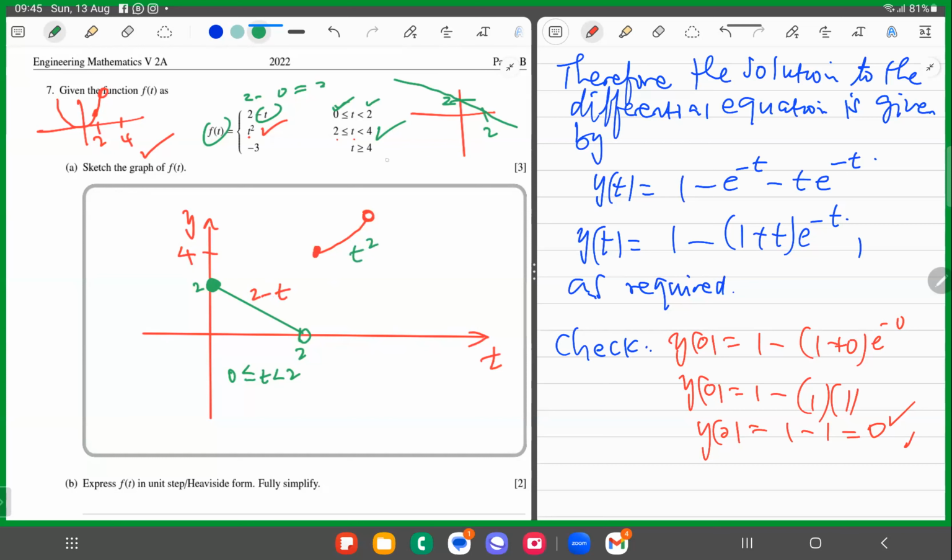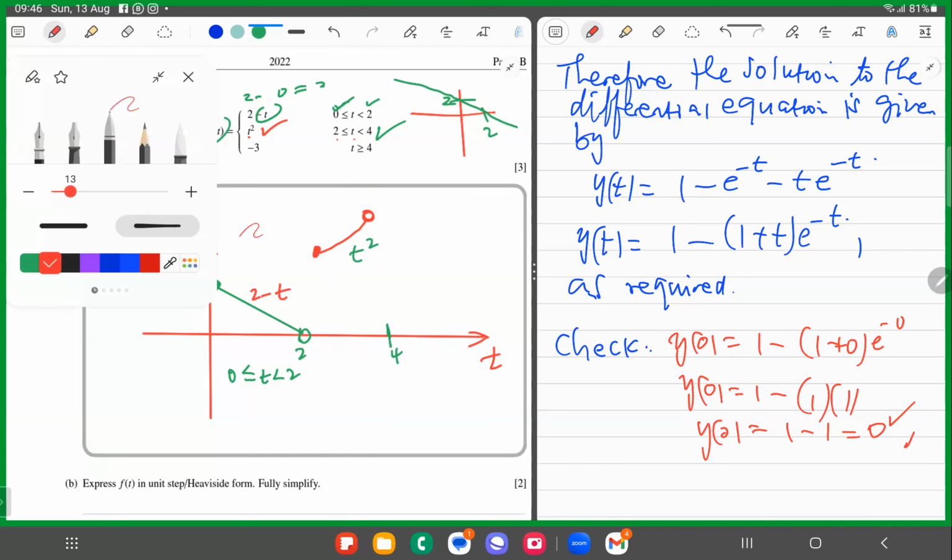And at t equals 4, you're going to have a 16.